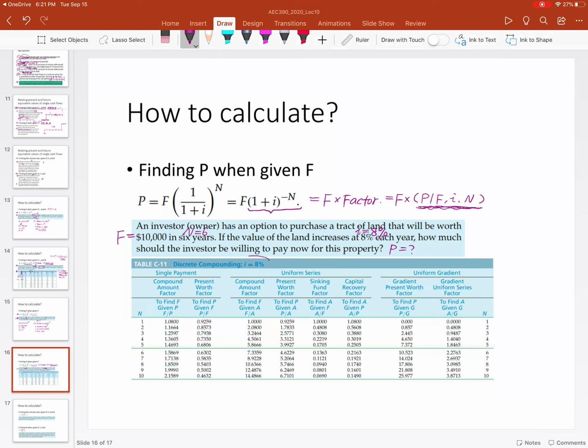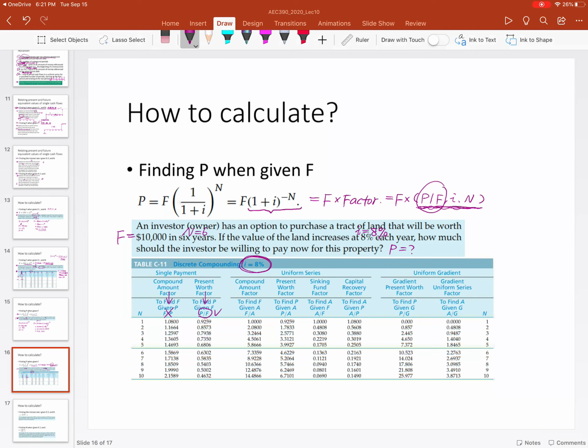How do you find it out? First, you need to find out which table to use. As what I said, you always find the table for the same I. So I equals 8, that's the table you want to use. And then you check the column heads. Okay, you want to find the P given F, so P slash F. So is it this column? No. Is it this column, P slash F? Yes. So that's the column you want to look at.